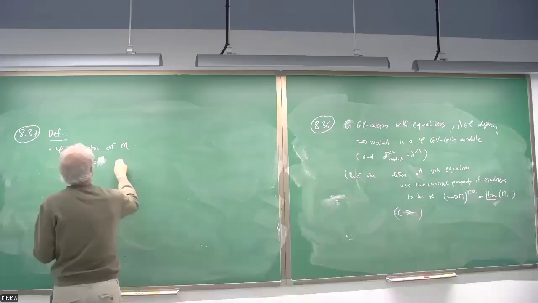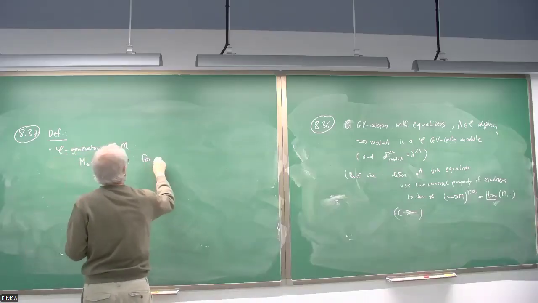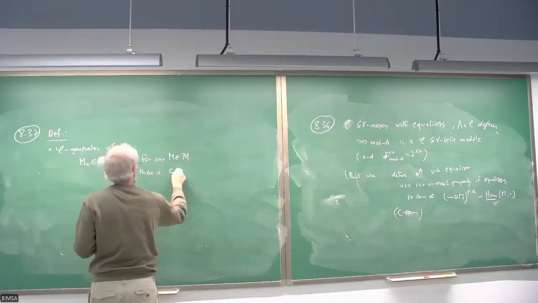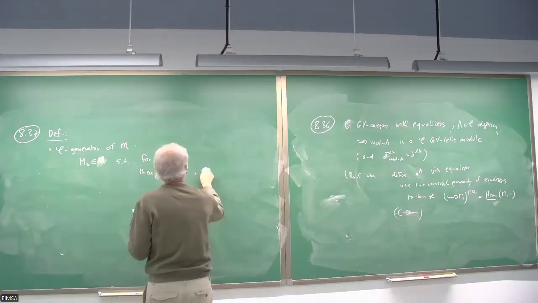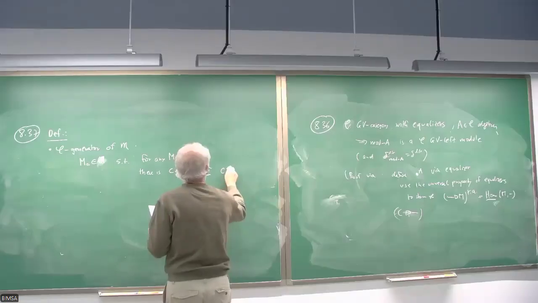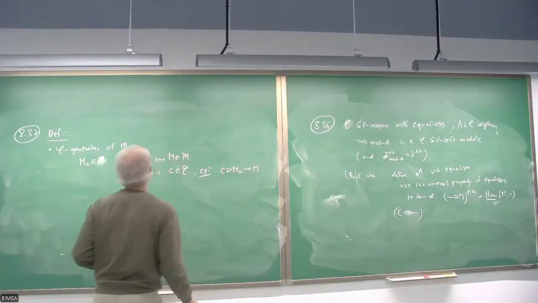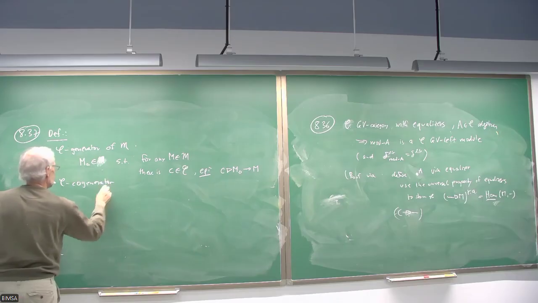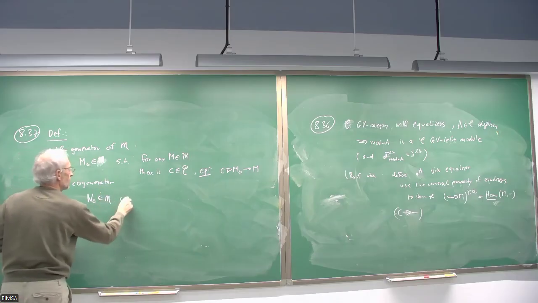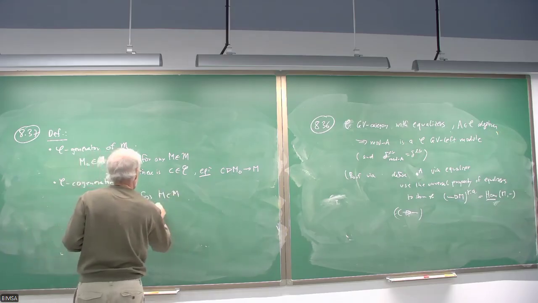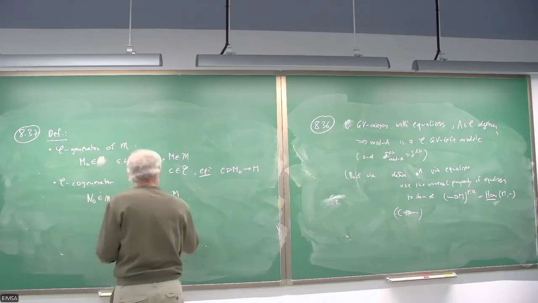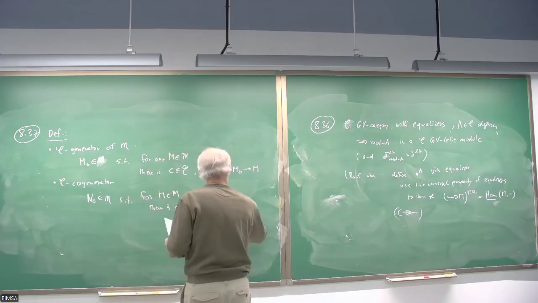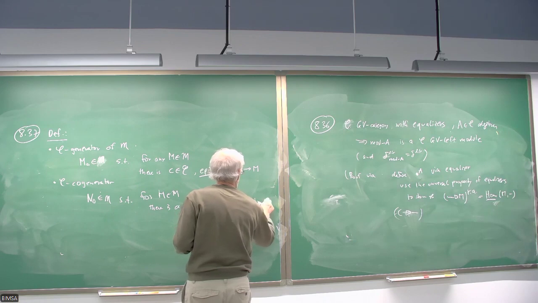This is an object M0 in M such that for any object M in M, there is an object C in C together with an epimorphism from C acting on M0 onto M. And analogously, there's a notion of the co-generator, an object N0 in M such that for any M in M, there is a C prime in C together with a monomorphism from M to C prime with the other action on N0.